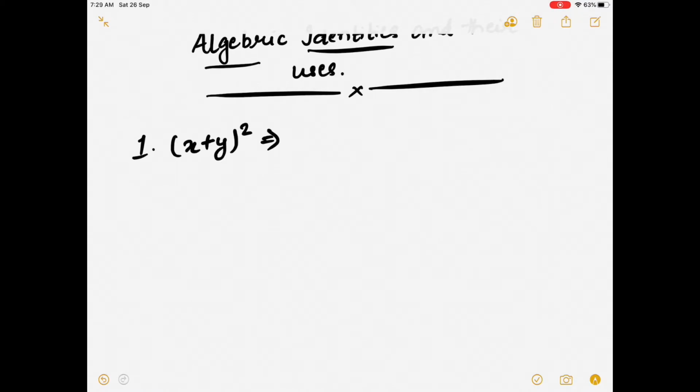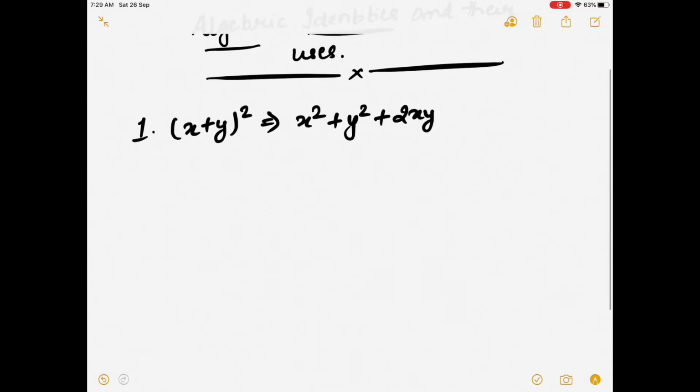This identity, when we expand this bracket, comes out to be x square plus y square plus 2xy. Now the second identity is (x minus y) square. x and y can be anything: numbers, variables, or a polynomial expression.